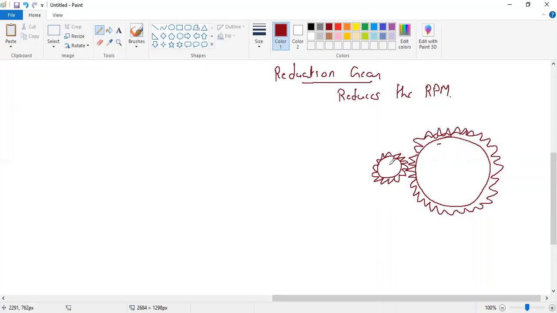This is a driving gear. And this is a driven gear. So in this type of gear mechanism, you will see that this gear is smaller, this gear is bigger.